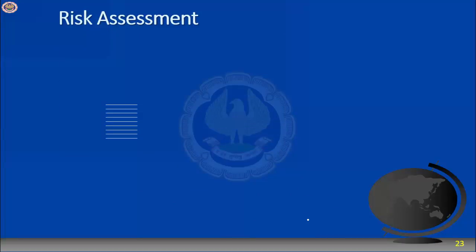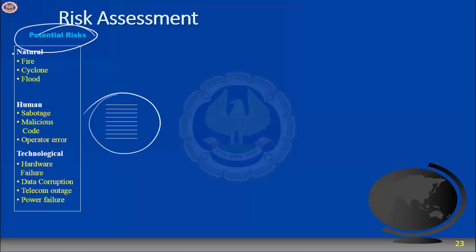Let's look at the assessment. When you do a risk assessment, you always start with a clean slate to look at what is going to happen. First, you do an assessment of what the potential risks are which can happen. These potential risks could pertain to the natural environment, to humans, or to technology. Based on this, you do a risk assessment.